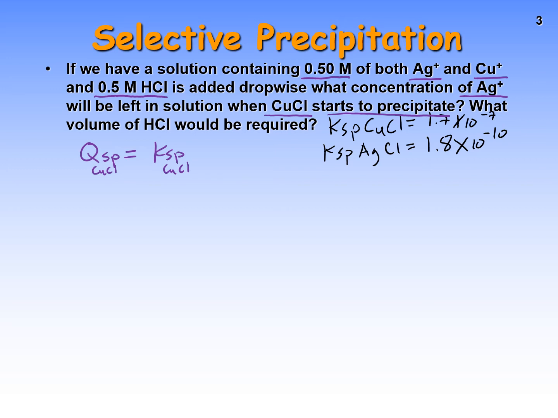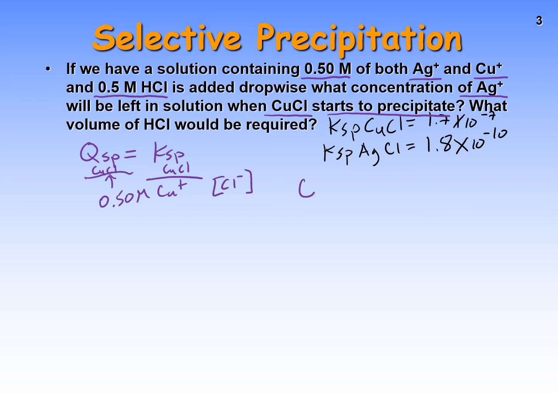So if we think about that, right, I know my Q value here is 0.50 molar for copper plus ion. What I really need to figure out here is what's the concentration of Cl minus that I need to have in order for these two to be equal, right?